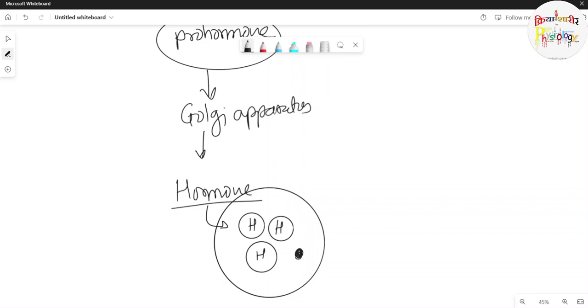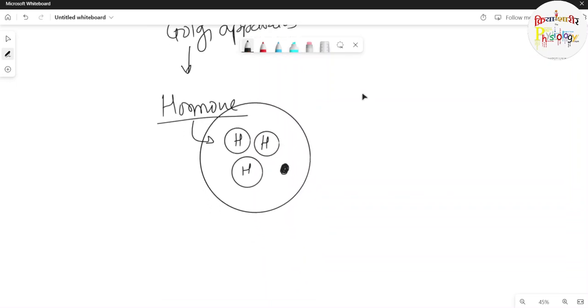Suppose this is the cell, and this is the nucleus. This cell contains secretory granules containing hormone. To secrete this hormone outside the cell, there should be stimulation of that cell. When the endocrine cell gets stimulated, calcium ions influx into the cytosol.